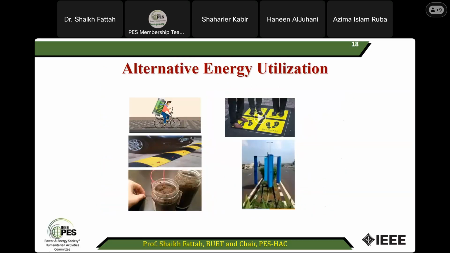And alternative resources, like, yes, you can imagine energy from walking, energy from organic substances like mud, or energy from vibration, cycling, how you can store energy, or wind power, how you can store energy. You can use these resources, they are abundant in nature. So these are some projects relevant to renewables.